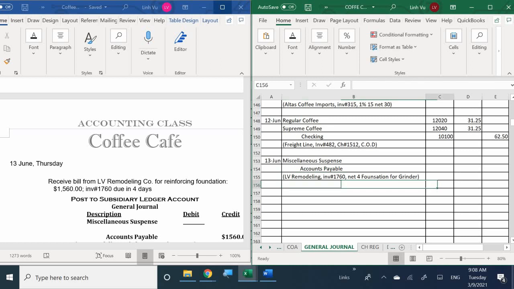Okay. All right. So what are my account numbers for miscellaneous expense? 19990. 19990. All right. And my accounts payable account 20,000. 20,000. And for each account, how much was the electrical work for the coffee grinder?